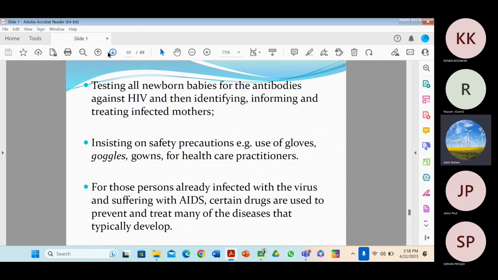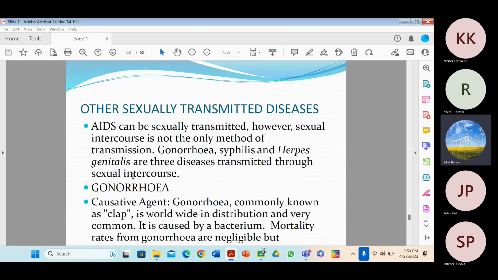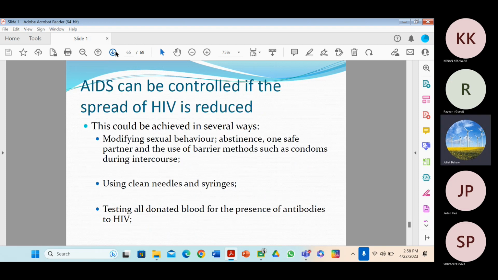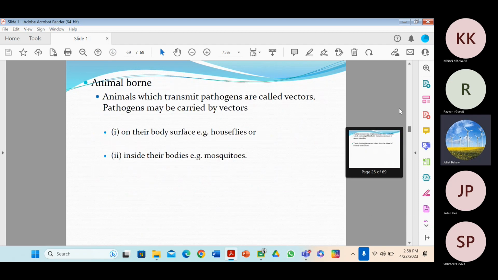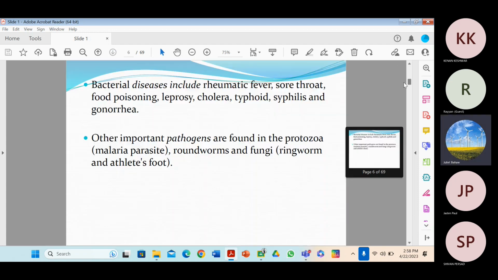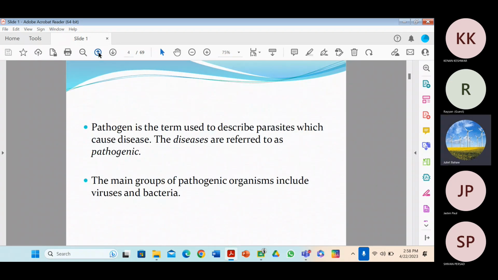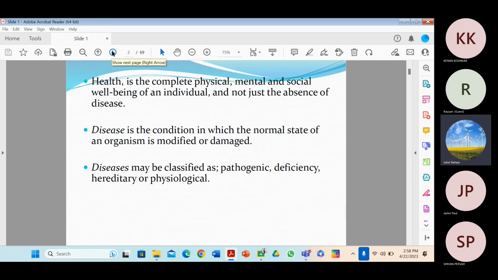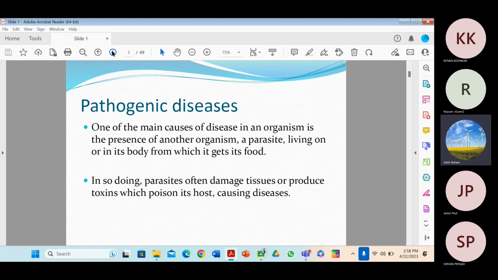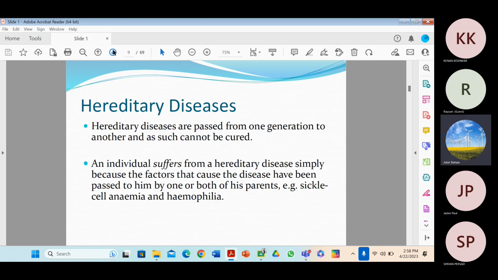All right, so I would like you all to just read through this slide. We will discuss gonorrhea, the other diseases, deficiency, and then the genetic diseases, which would be the two that we covered, sickle cell disease and hemophilia, and colorblindness.